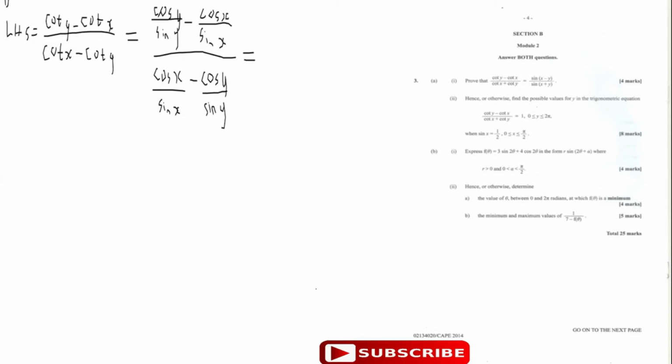To simplify this numerator, we multiply up the sine x and sine y to write all of this as sine x cos y minus cos x sine y, and all of this is being divided by sine y sine x.